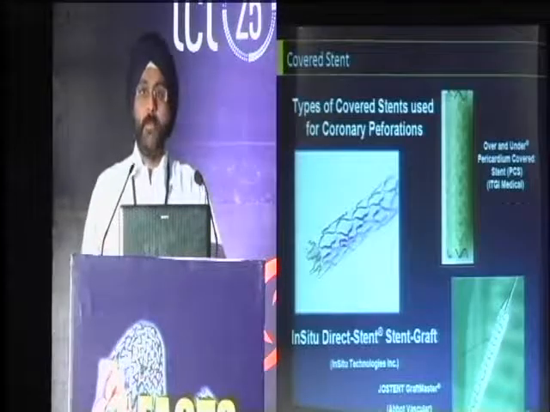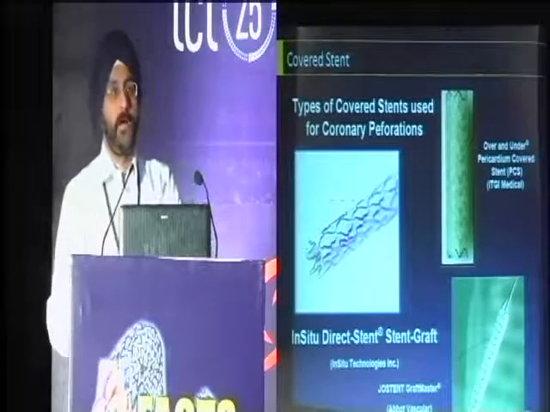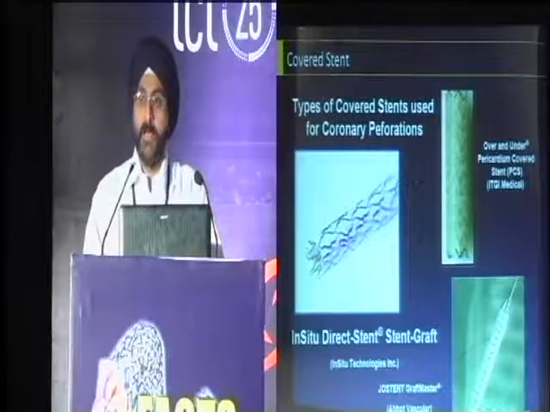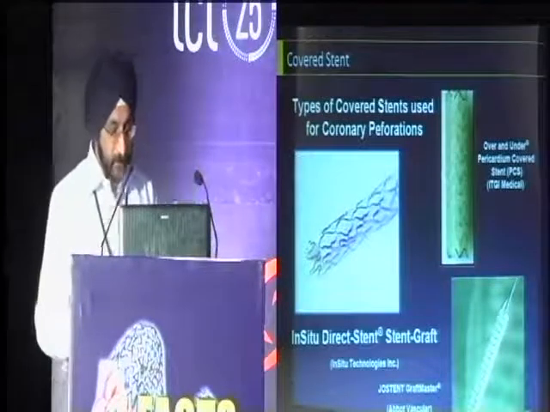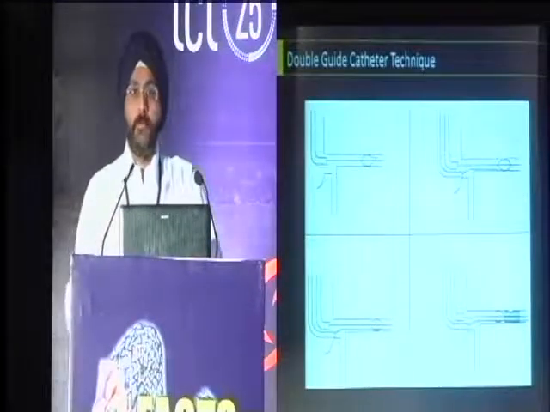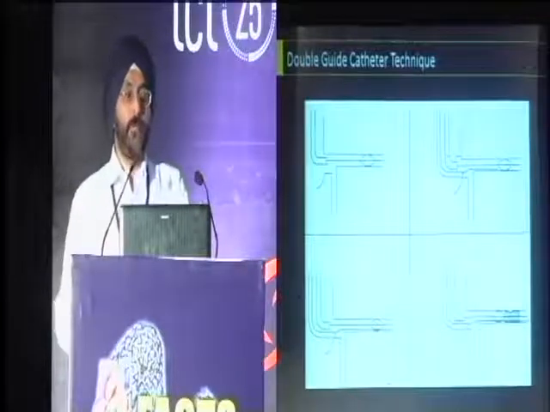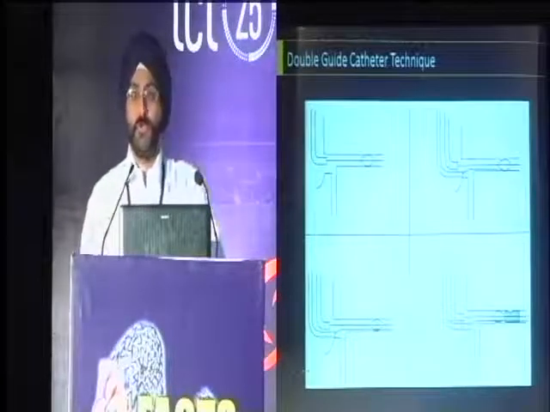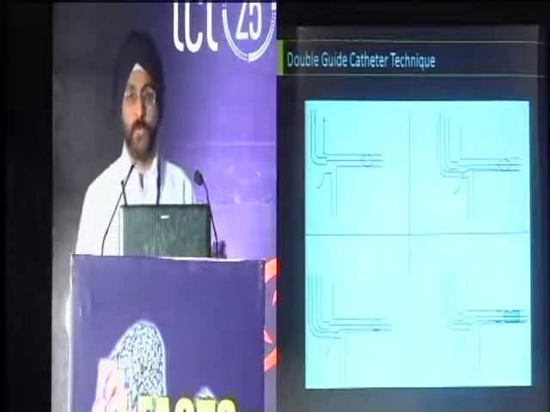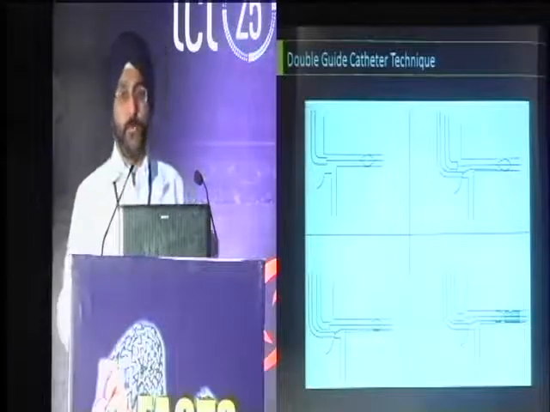And obviously, no cath lab stock is complete unless you have a stent graft, because if you are taking complex cases, especially with some ablations, you should definitely have this at hand. If there is a free-flowing tamponade and the vessel is very important, one practical aspect is to use a double guide catheter technique in case you want to stent it, because the patient will not give you time. You have to deflate a balloon, take it out, and then put a covered stent.